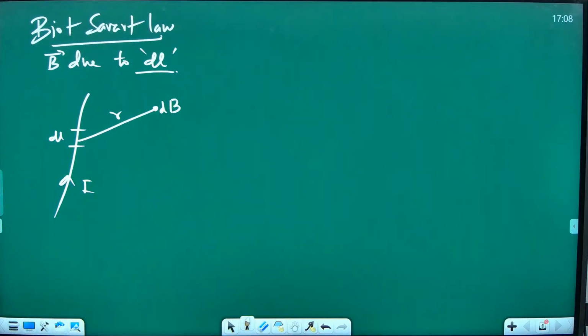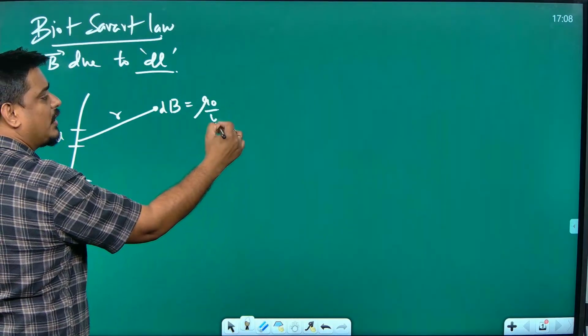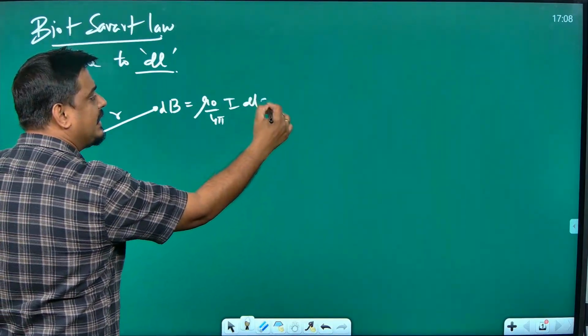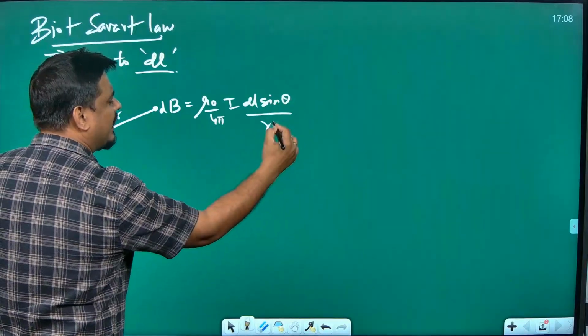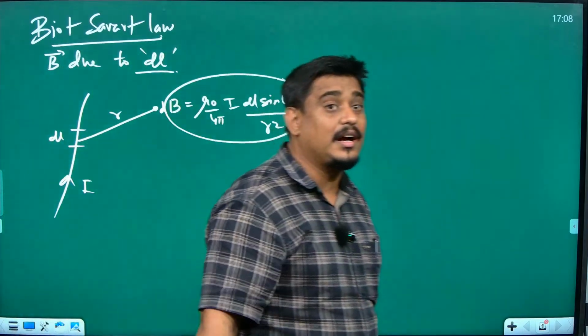So I can easily find the value of dB for this dl, and that will be equal to mu naught by 4 pi, I dl sine theta by r square.